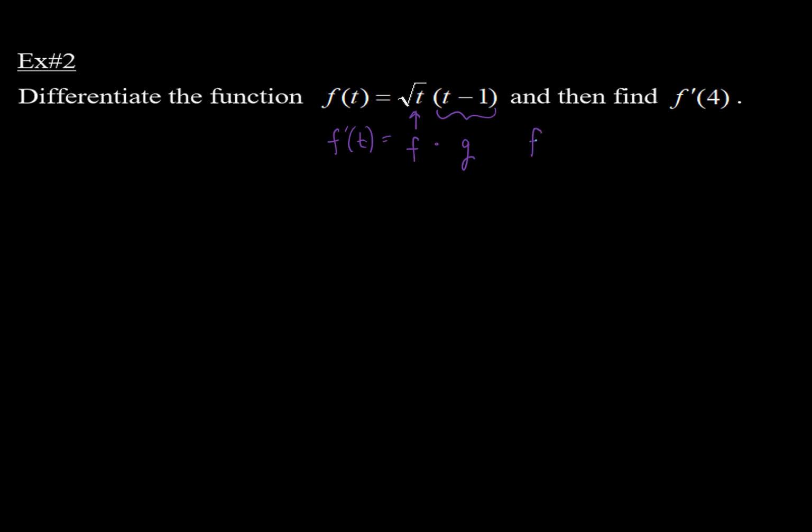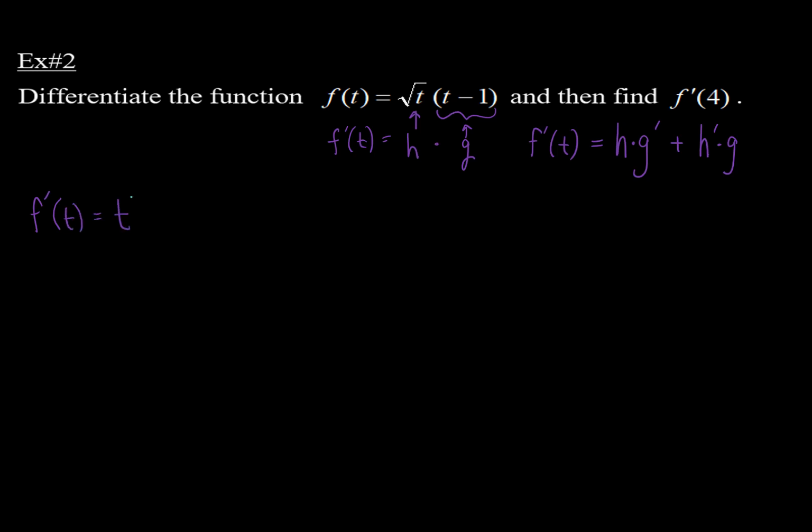And then if I need to find that derivative, and I'm feeling weird about calling it f, so actually I'm going to call this one h, so I don't have 2 f's in there. Remember, the derivative for the product rule is the first times the derivative of the second plus the derivative of the first times the second. So let's go ahead and do that.